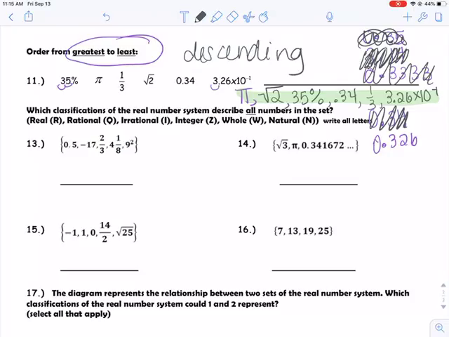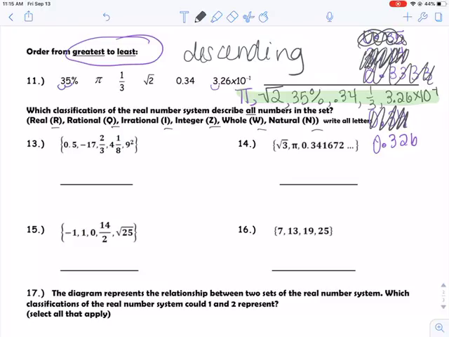Okay, now we're going to figure out which classifications of the real number system describe all the numbers in the set. We're just going to use the letters to indicate. It has to be all of them. Looking at number 13, each one has to fit. Are they all natural? No. The only one that's natural is 81.